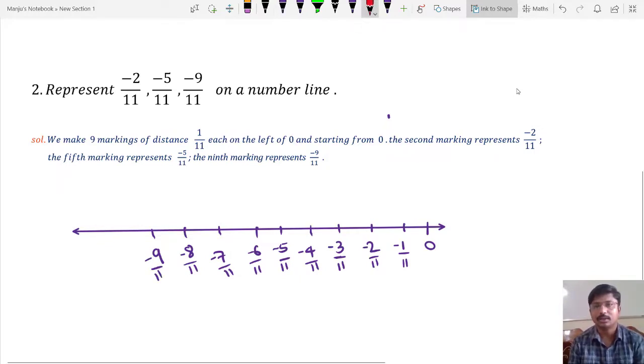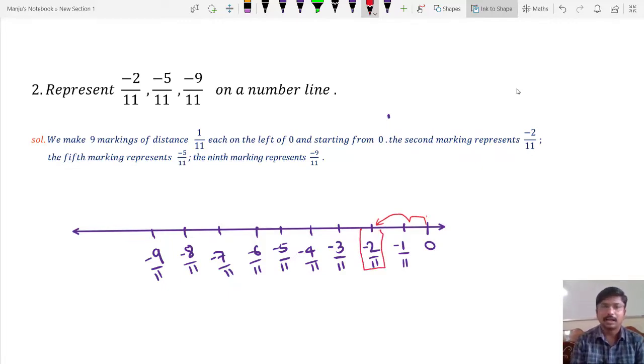Starting from 0, the second marking, first, second, represents minus 2 by 11, like that. Fifth marking, that is first, second, third, fourth, fifth. What does it represent? It represents minus 5 by 11.